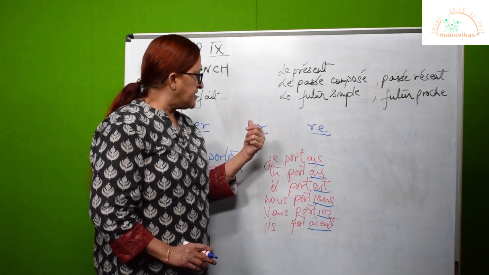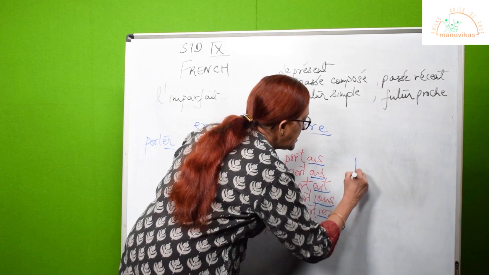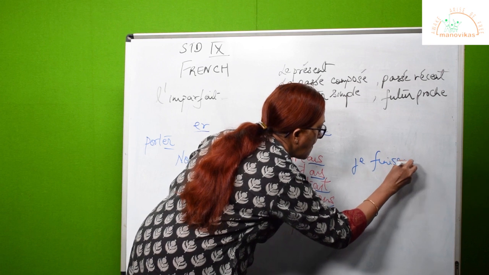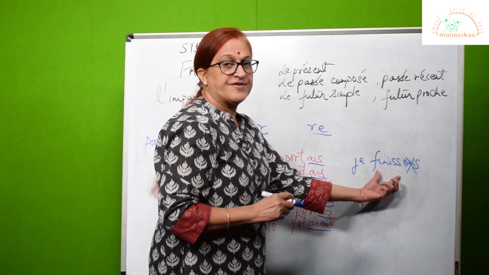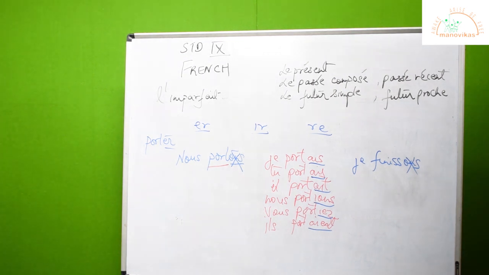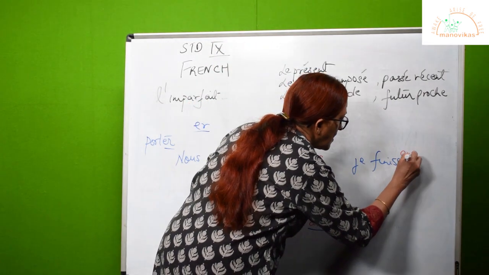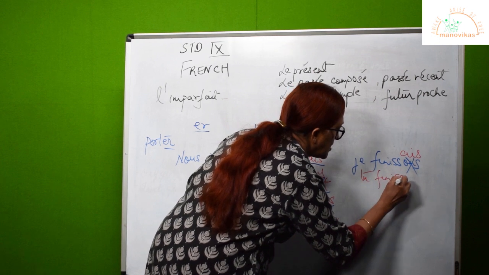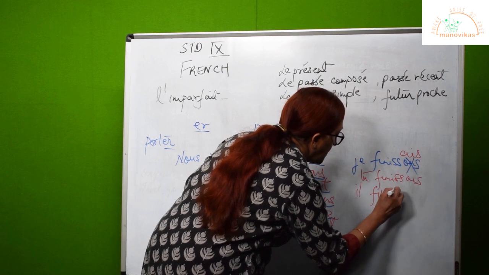Now, if we deal with the IR verb, what will be my IR verb? Finir, for example. So, it will be nous finissons in present tense. So, when I cut off the ONS, what remains? Finiss. So, in this case, it will be je finissais, tu finissais, il ou elle finissait.